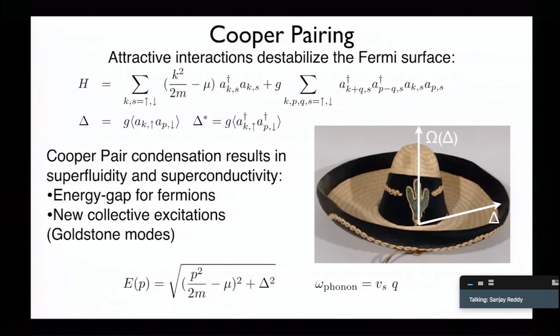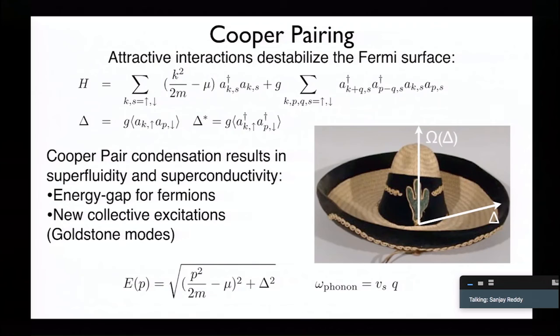So these are generic things, whether it's a non-relativistic system or a relativistic system. This is always a property of any Fermi system with attractive interactions. So if we had a fourth lecture, we would have talked about how neutrons, which are non-relativistic particles in the neutron star crust, also have this pairing and they form a superfluid of neutron matter.